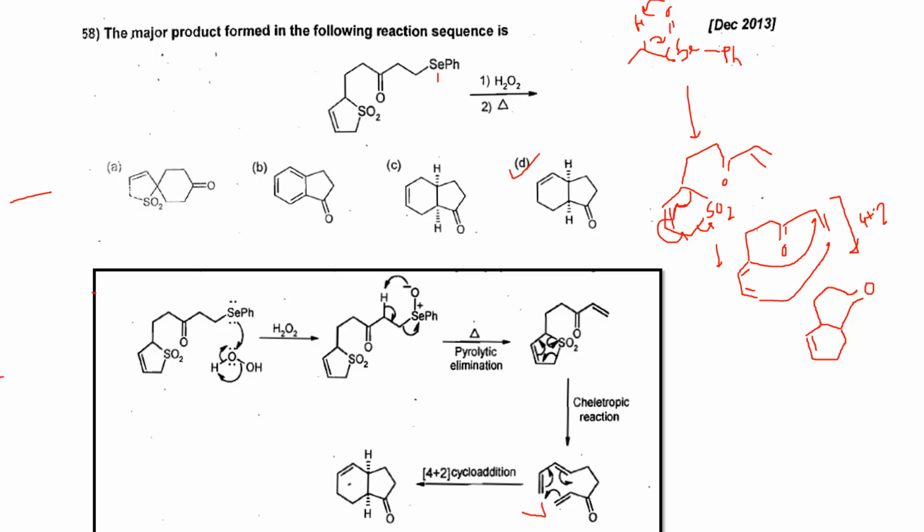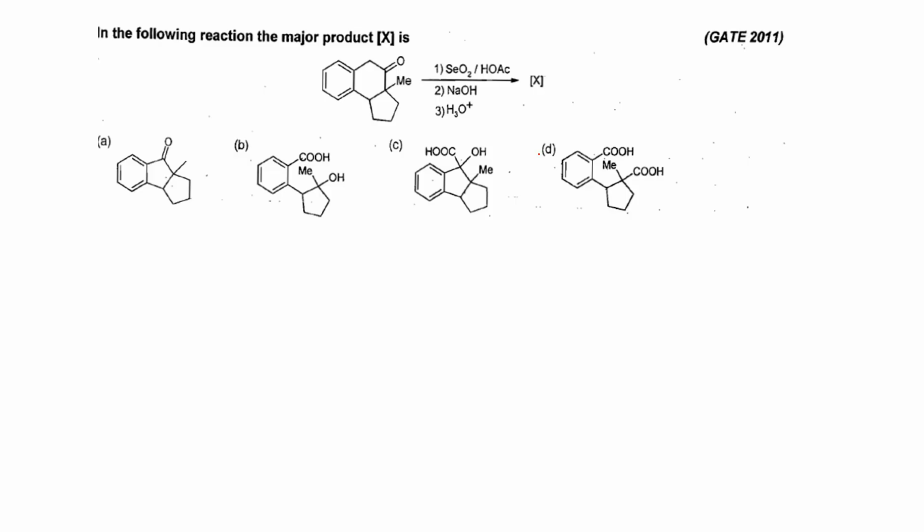Let's go to the next question. In the following reaction, the major product X is... they have asked for the major product formed in the following reaction. So in presence of selenium dioxide, this methylene CH2 group gets oxidized.